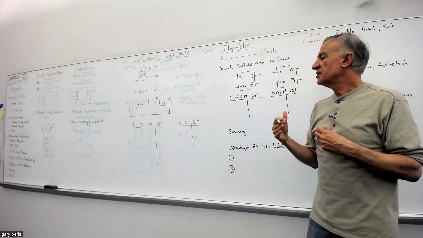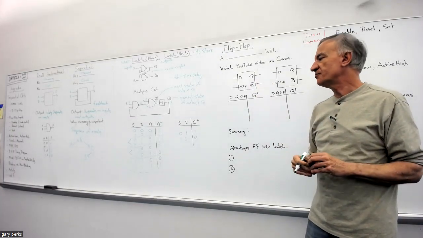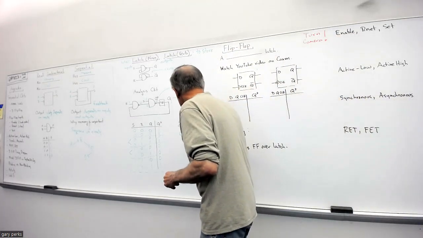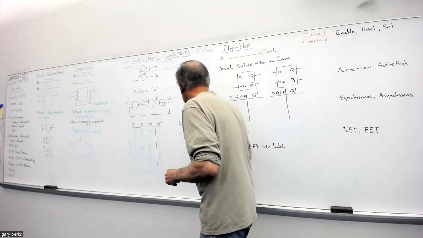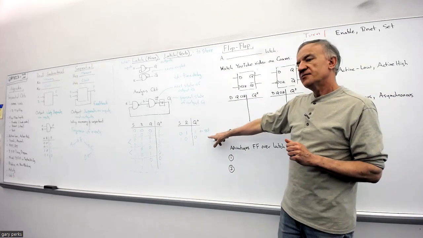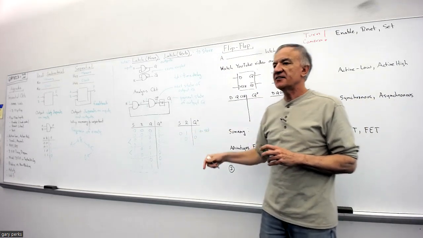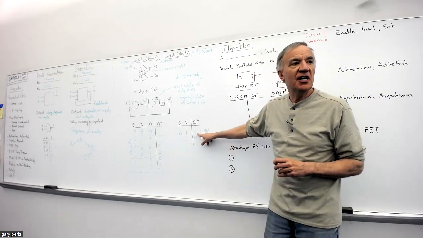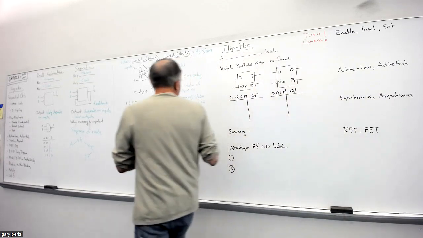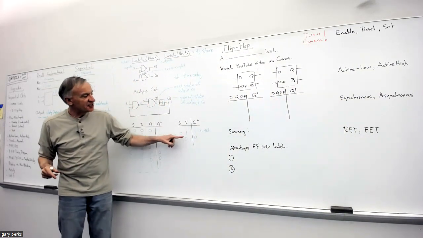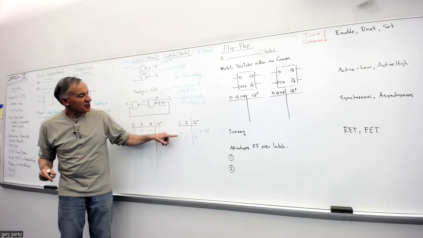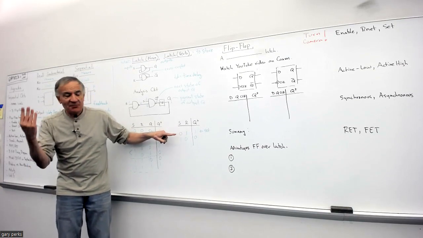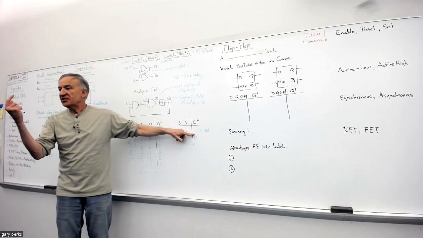Okay, so now there's some terminology that's associated with latches that you need to know about. One of the terms is the term set. When we have this condition here, we say that the latch is set. And what set refers to is the value of Q plus. Now, it just so happens that for this NAND latch, in order to get a Q plus of 1, we need to make S 0 and R 1. But set is defined by what the Q plus value is.